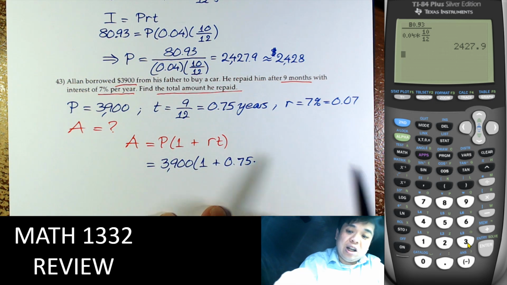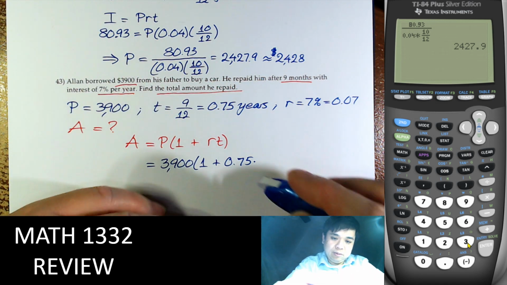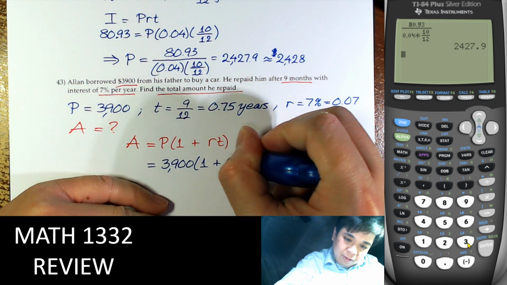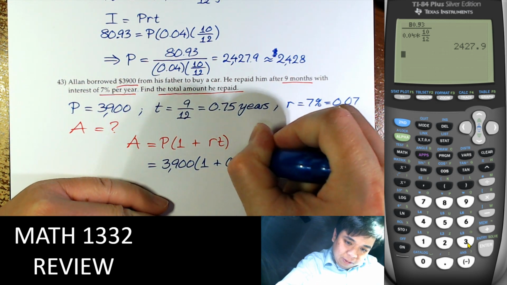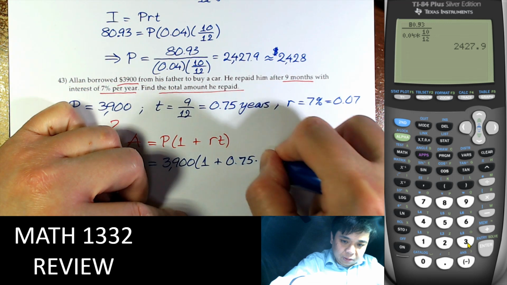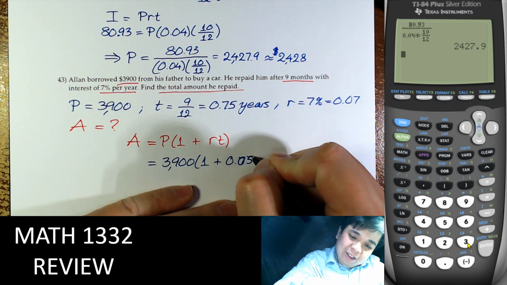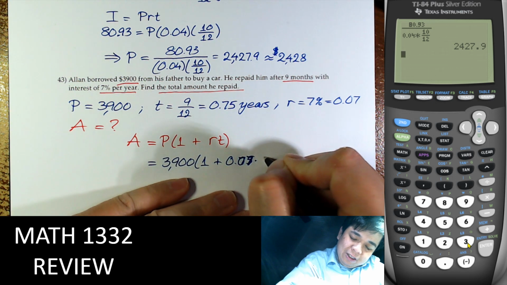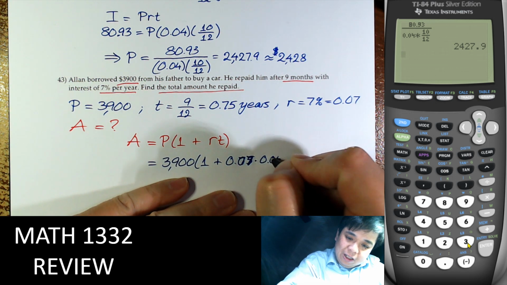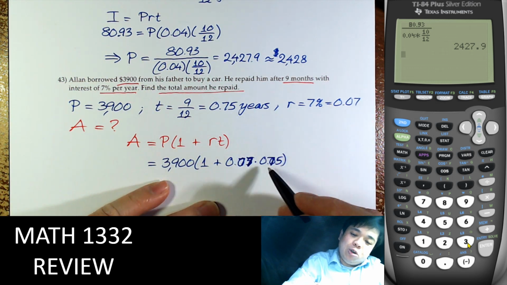Oh, sorry, the rate is 0.07. Pretty much 0.07 times 0.75.